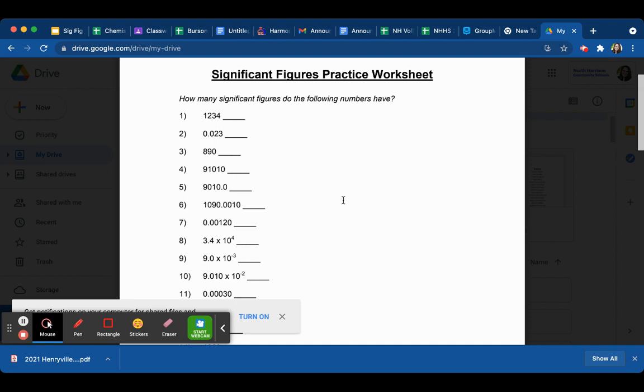You could either do lagging zeros without a decimal or just all non-zeros. Either one applies to that. So correct that if you got it wrong. Number 4: 4. 9, 1, 0, 1, because the last one is a lagging zero. There's no decimal point there.